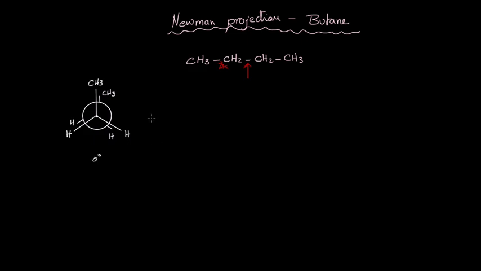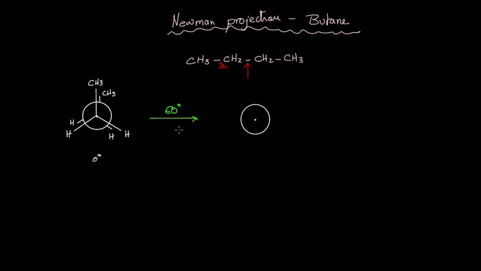Now what would happen if I have 60 degrees rotation? Then the Newman projection would be drawing the back carbon, the front carbon.